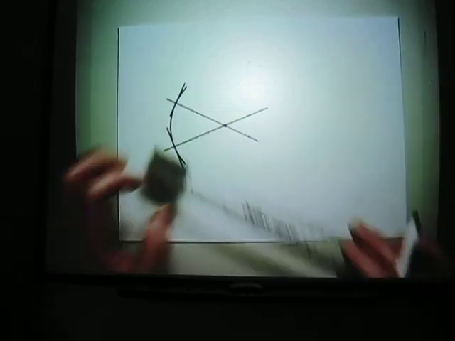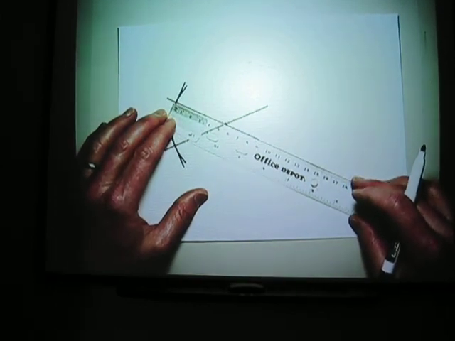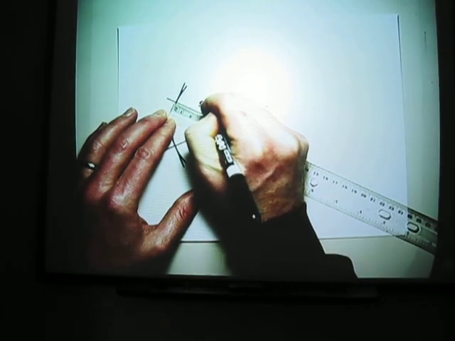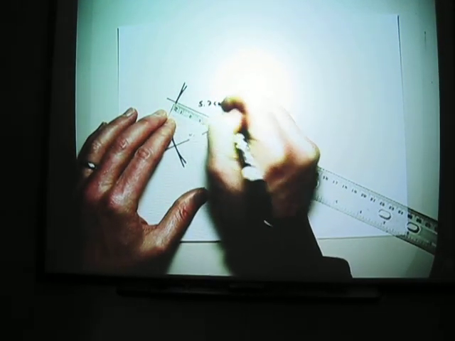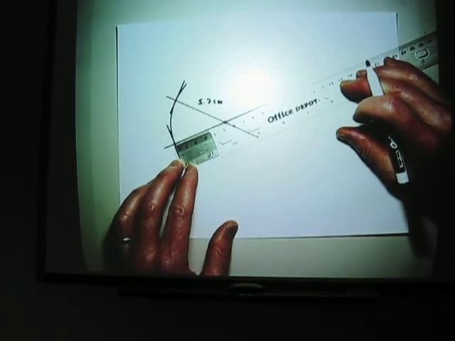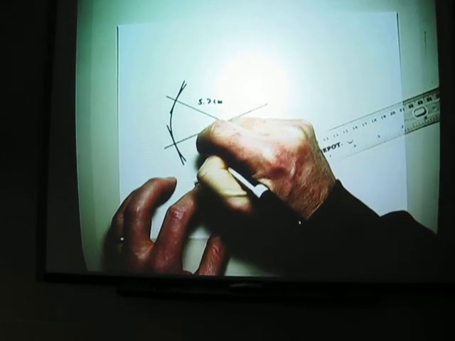So for the concave mirror, let's see, this one is like 5.2. And this one, yeah, it's also about 5.2. So I guess in this case, it's going to be around 5.2.